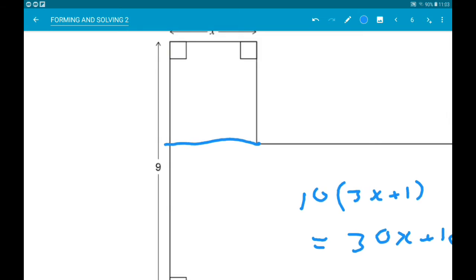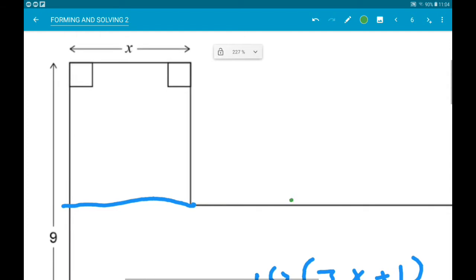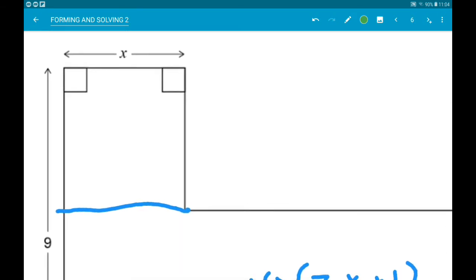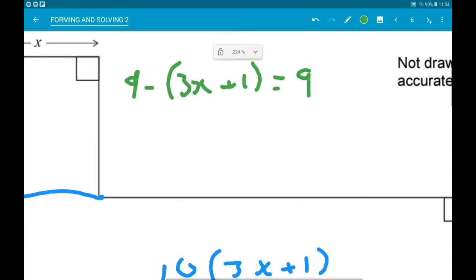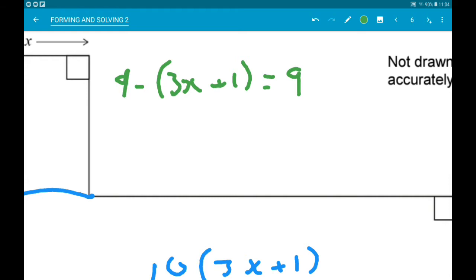So the height that's left is going to be 9 minus 3x add 1. Now that is 9 minus 3x minus 1, which is 8 minus 3x.